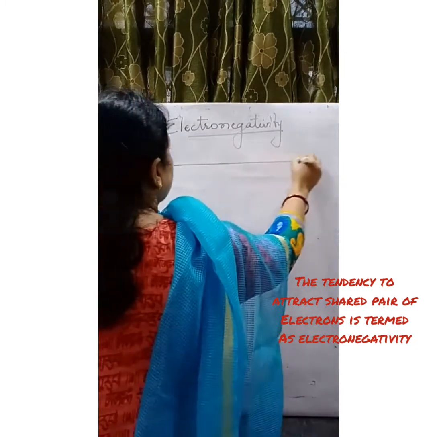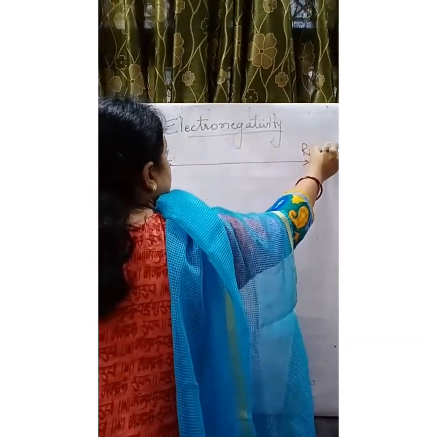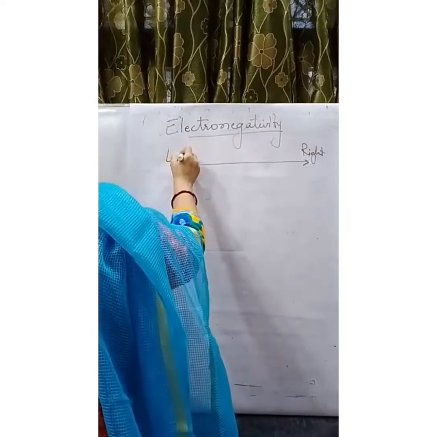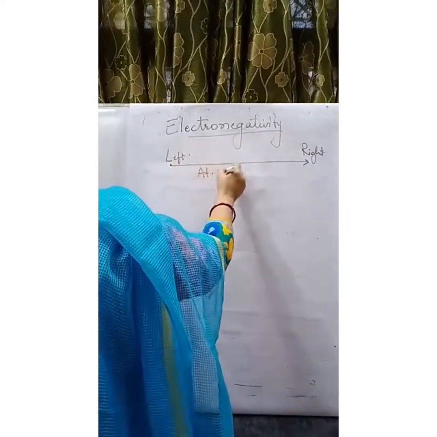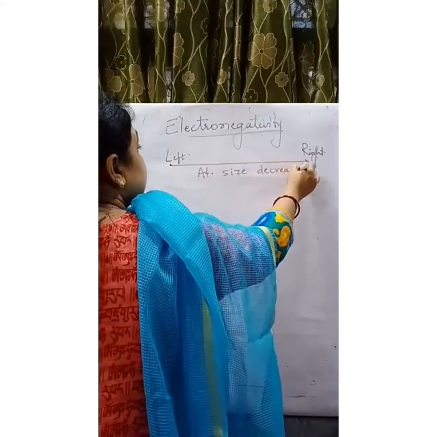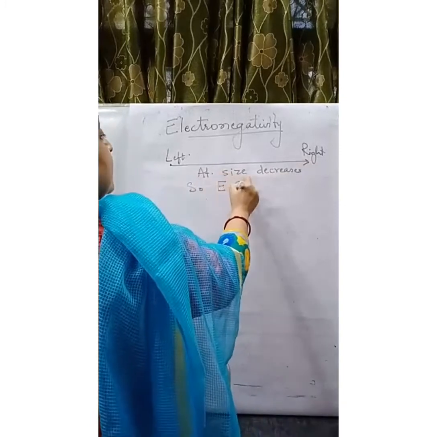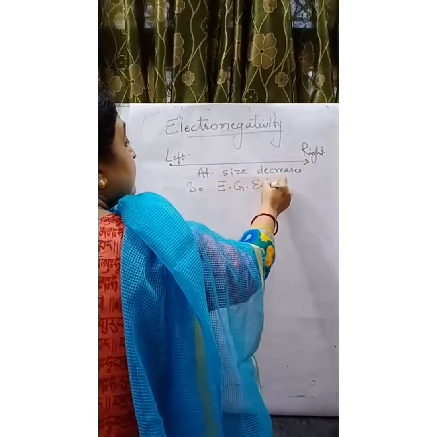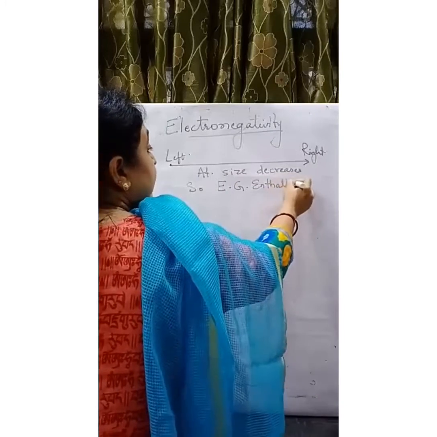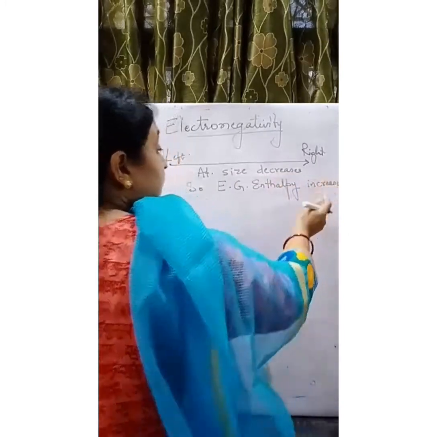When we move from left to right in a period, I can say atomic size decreases. So, what about electron gain enthalpy? Electron gain enthalpy increases because the tendency to attract electrons increases because of the smaller size.